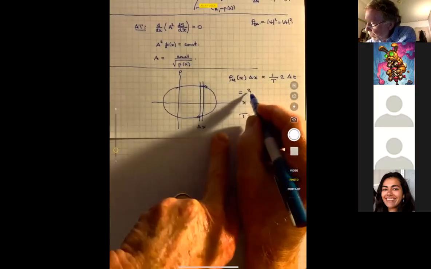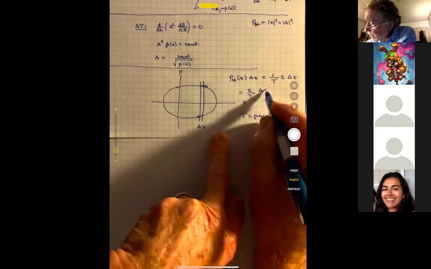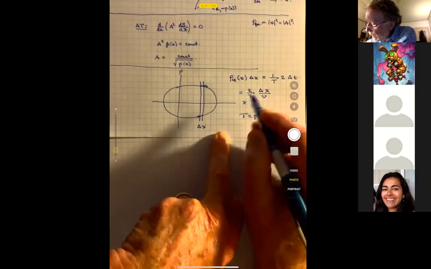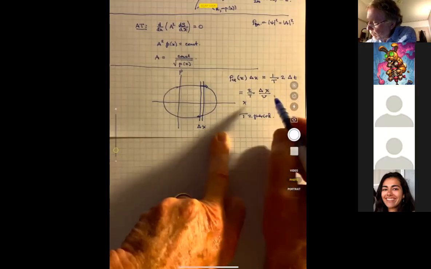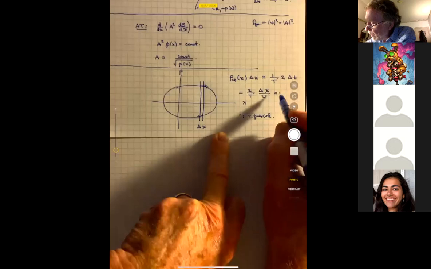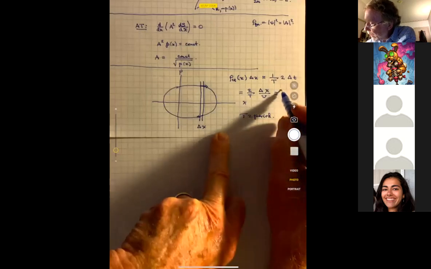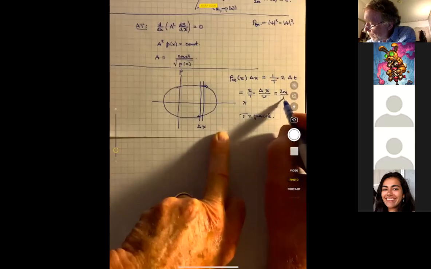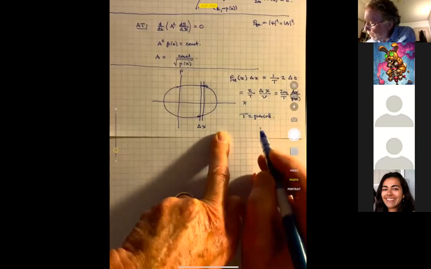But that's the same thing as 2 over capital T. And the delta t, let me write it as delta x divided by the velocity v, where the velocity v is either to the right or to the left. Its magnitude is the same, it won't matter which one I do. It's the same for both of them. This in turn I can write by multiplying and dividing by the mass. I can convert that velocity into the momentum, and I get 2m divided by T, delta x divided by the momentum p, which is naturally p of x. That's our x-dependent momentum.